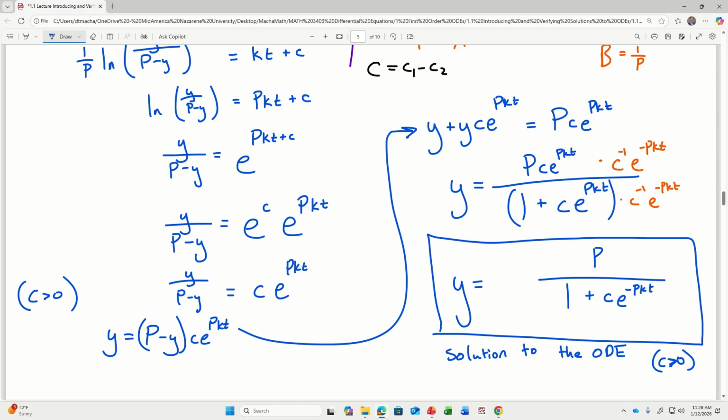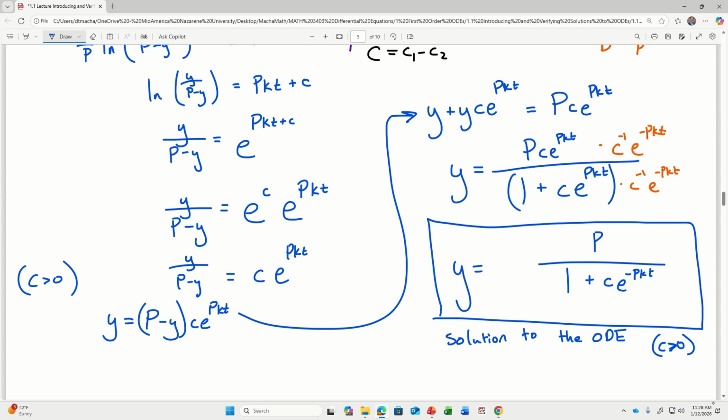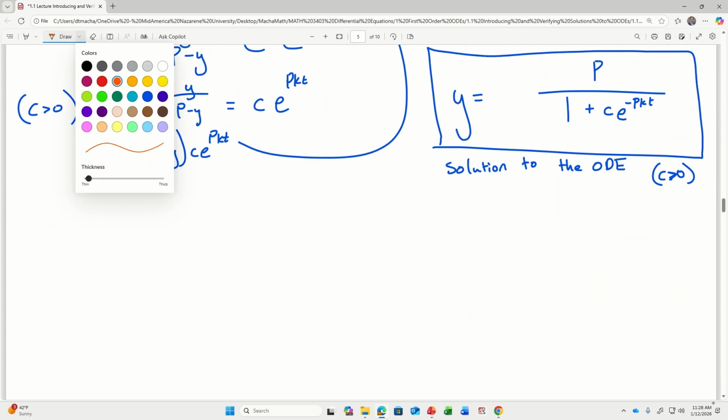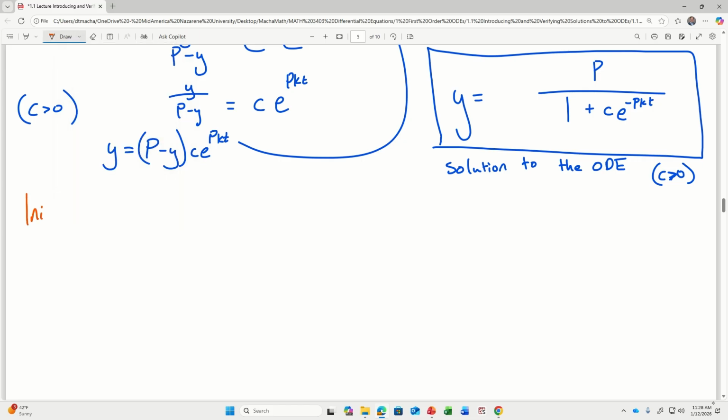Even though we have the solution to the ODE, we haven't yet solved what's called the initial value problem. So now let's solve the initial value problem. And hopefully the end here will be kind of rewarding. Okay, but here is the initial value problem.